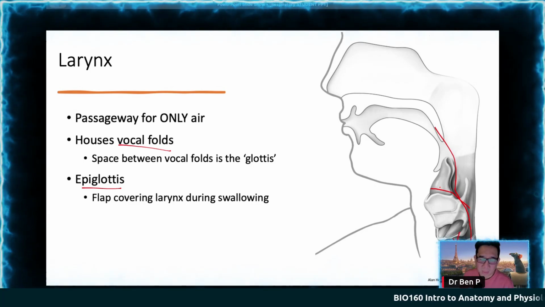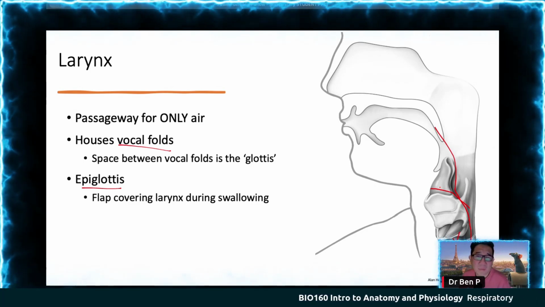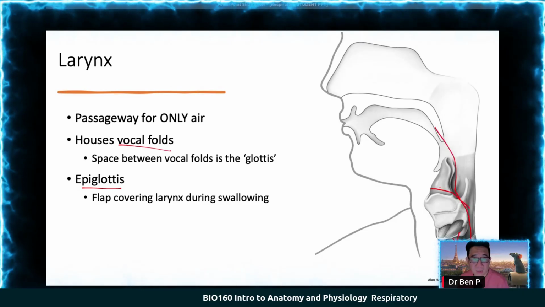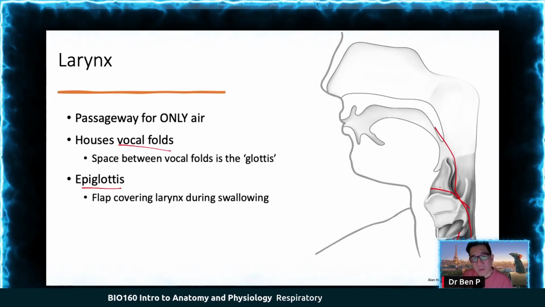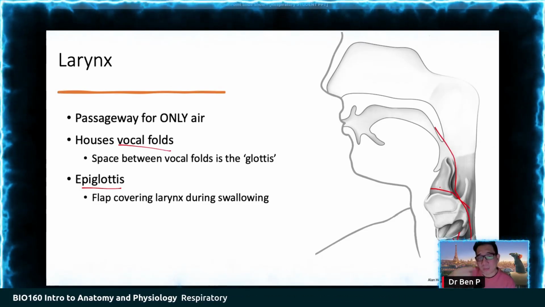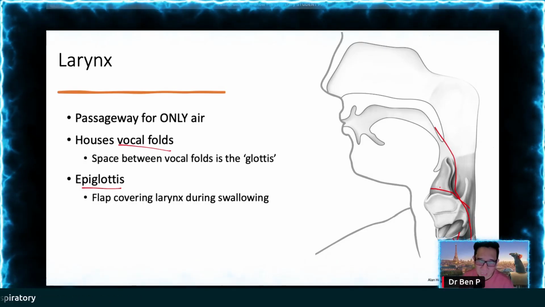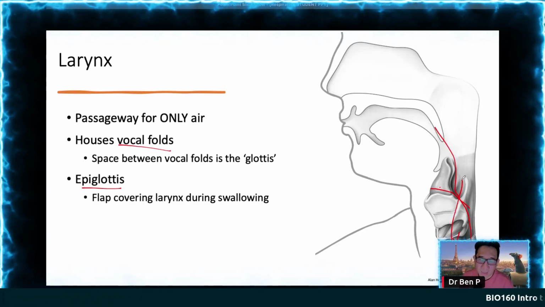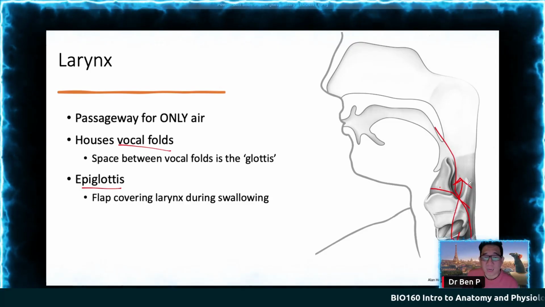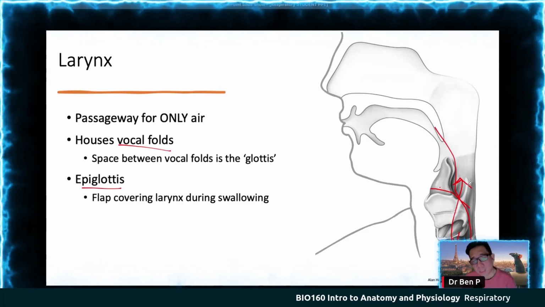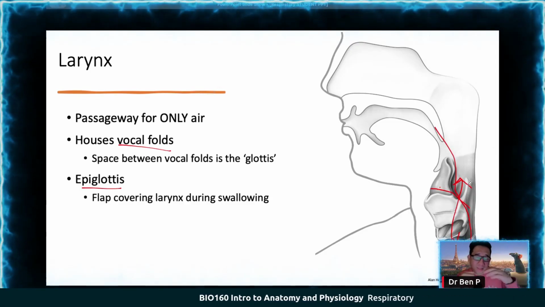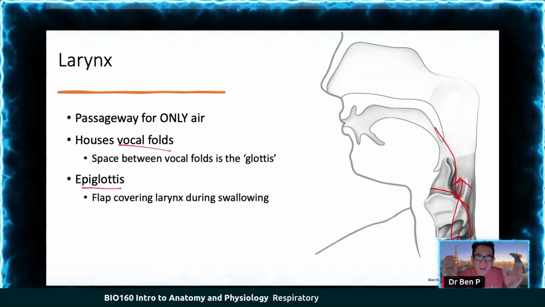Sometimes this is when people laugh and eat at the same time. When you're trying to eat, you're trying to swallow down your food. But when you're laughing, you actually need air coming out from your lungs to cause you to laugh from your vocal cords. And that's when the epiglottis is like, I don't know what to do.